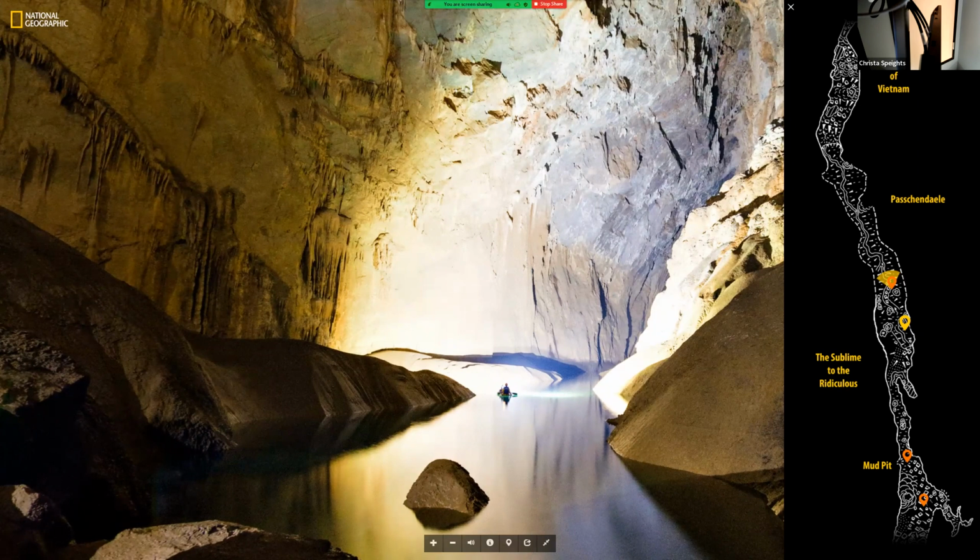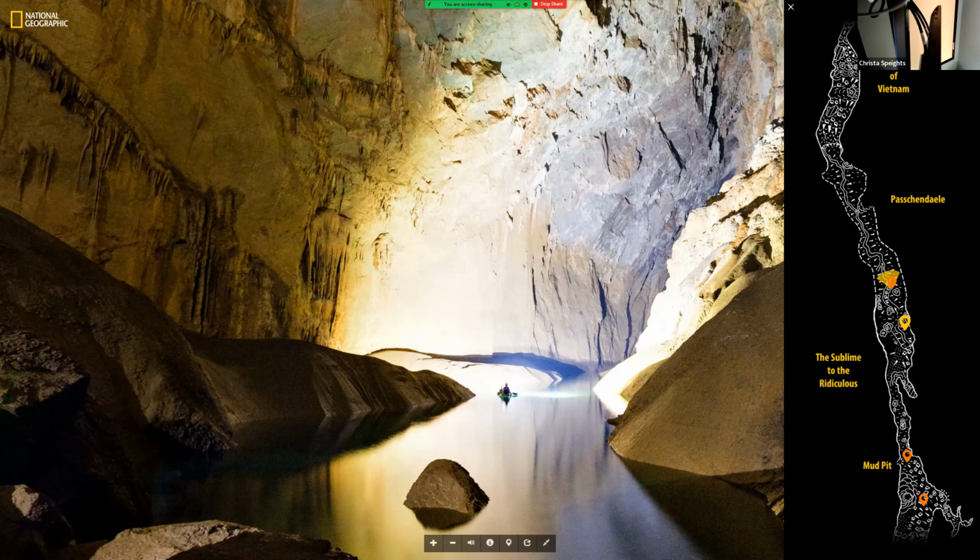So this is the part of the cave at which, if one had cave diving expertise, it would maybe be possible to continue the exploration. But the exploration of this cave is so recent that this is as far as it goes. Is this, what do they have a name for this lake?